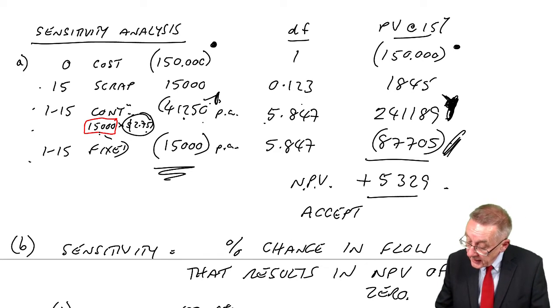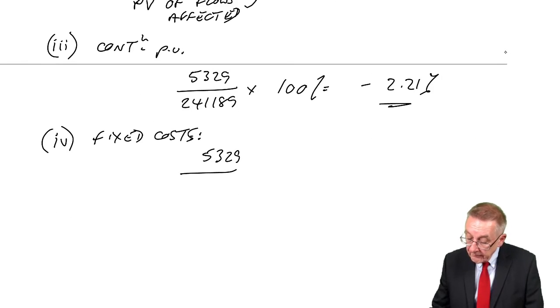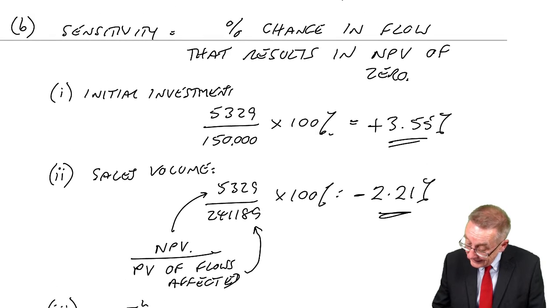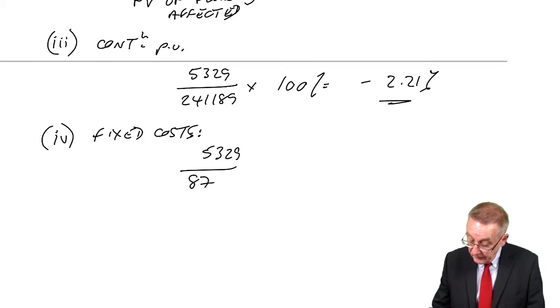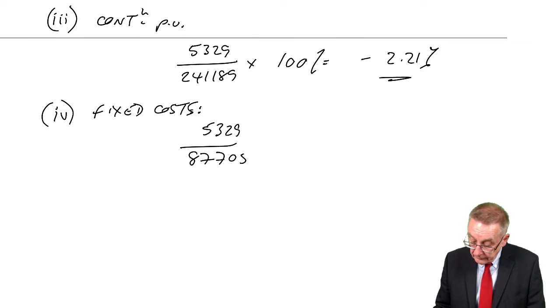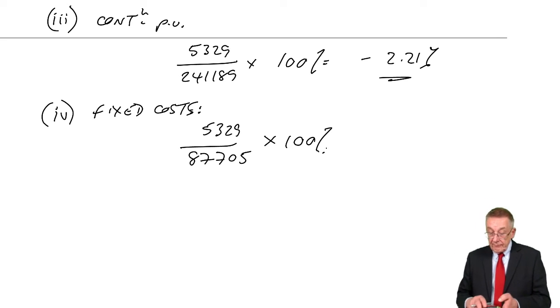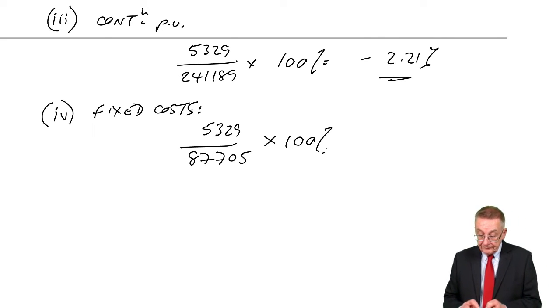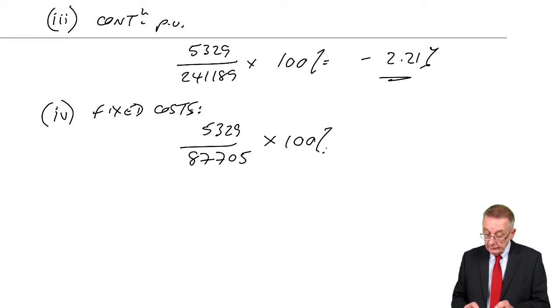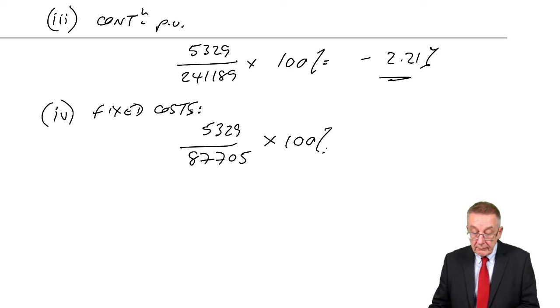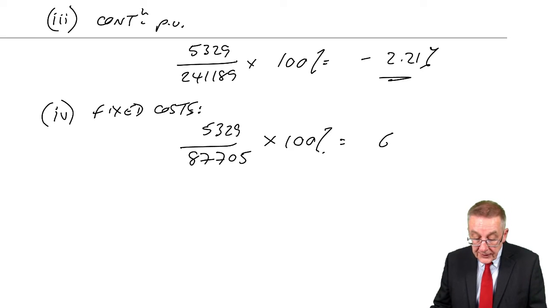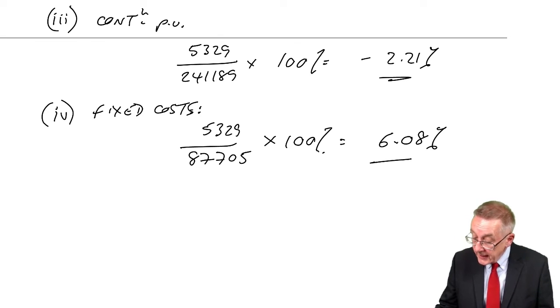So 5329 divided by 87,705 gives a sensitivity of 6.08%.